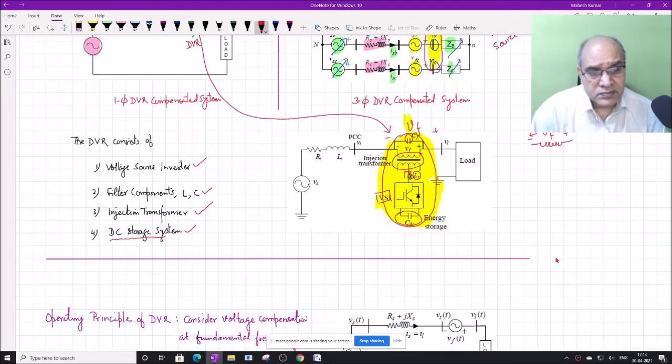At the algorithm level, we should have a formulation through which we generate the reference value of the injected voltage, and then we should have a switching mechanism of the inverter to ensure that we track those references faithfully to reproduce at the output terminal of the transformer from the inverter.